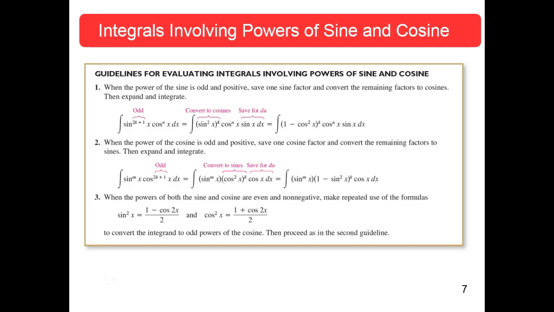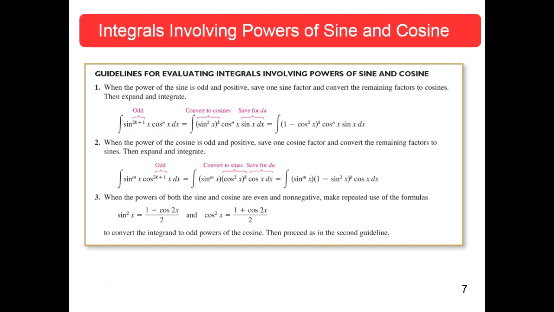But if both the sine and the cosine are even powers, and non-negative, by the way, and you can't do this technique, then you make repeated use of these formulas. Sine squared is this, cosine squared is this.